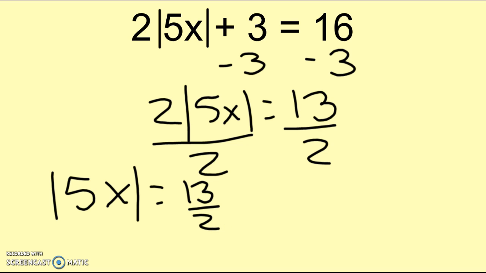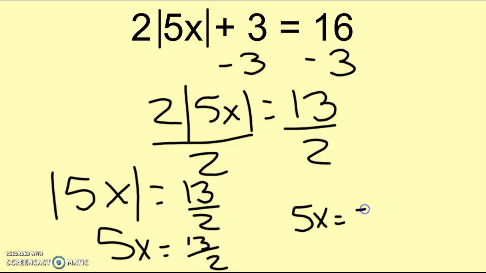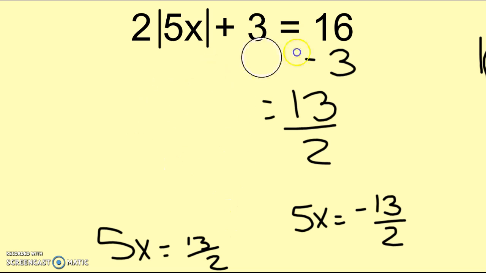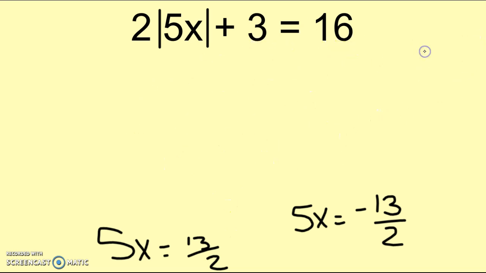Okay, so now we've got 5x is equal to 13 over 2, and 5x is equal to negative 13 over 2. Let me erase a little bit of this work up here. Let's solve the left-hand side first.